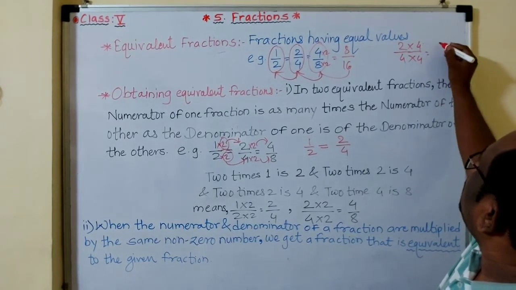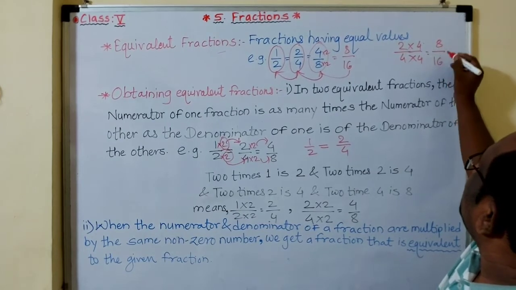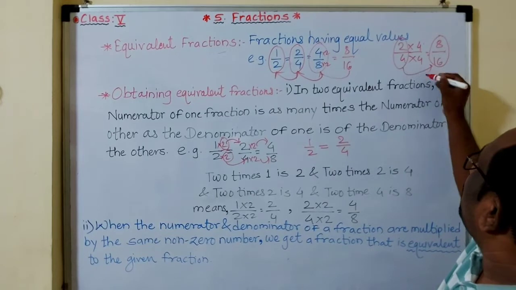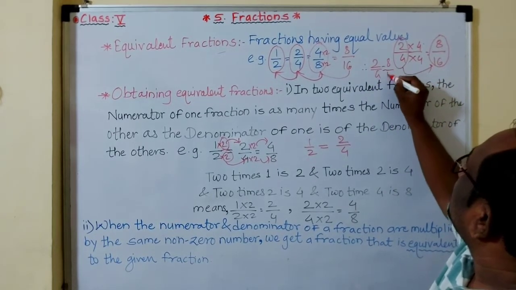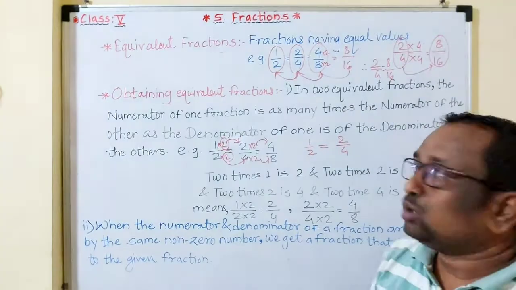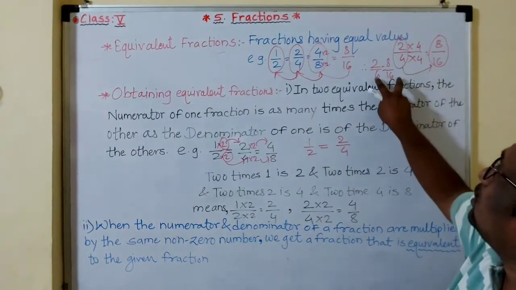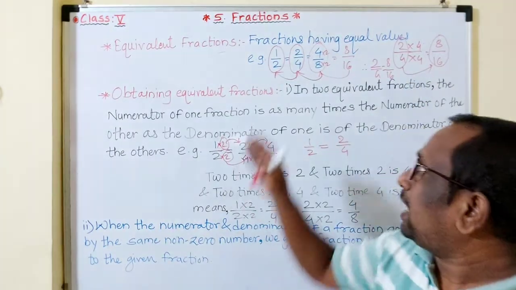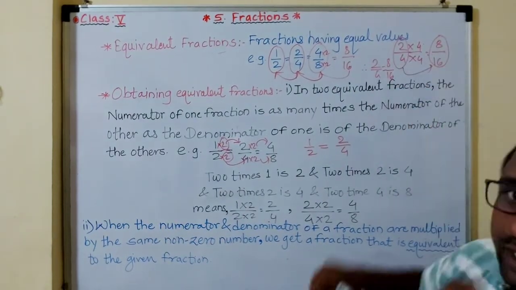So 2 4s are 8, 4 4s are 16. So 8 upon 16 is equivalent to 2 upon 4. Therefore 2 upon 4 is equal to 8 upon 16. So the value of 2 upon 4 is equal to 8 upon 16. Means these two are also equivalent fractions. Here I gave you to multiply by 2, but you can multiply by 4 also, so you get the equivalent fraction.